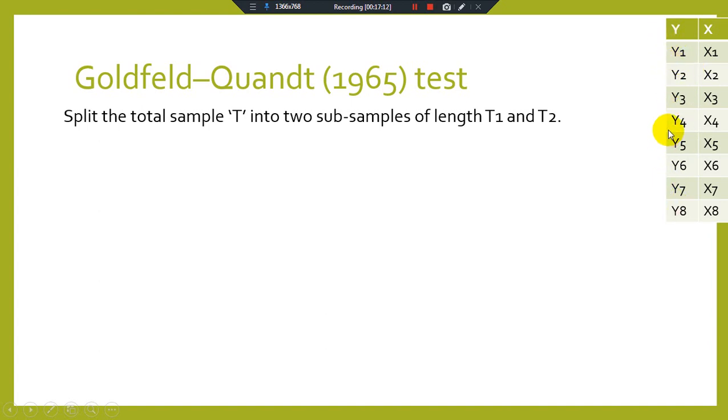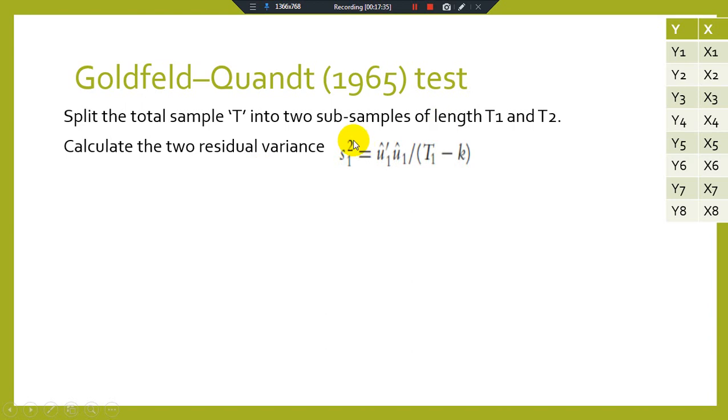Let's say observations 1 to 4 for T1 and 5 to 8 for T2, and then we have to calculate the two residual variances from this series. When you have distributed the data into two parts, you have to run two separate regressions, and from these you find two residual variances, two error variances.